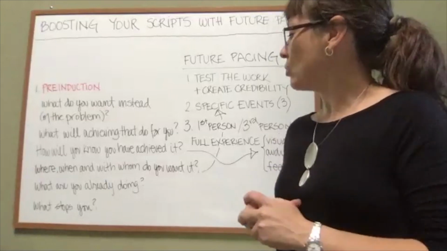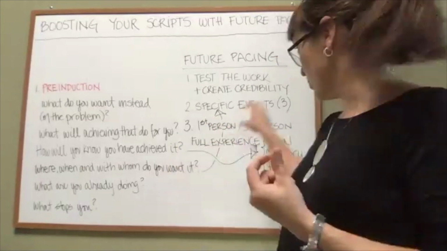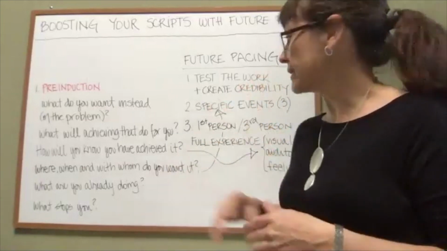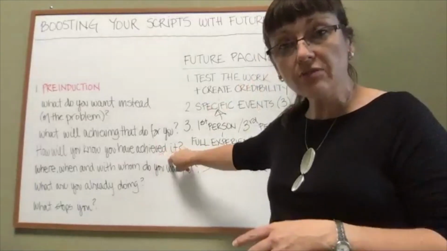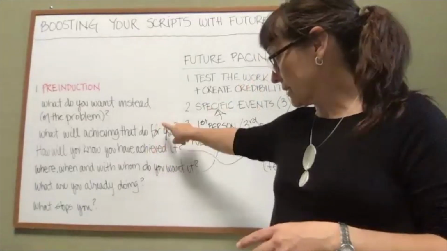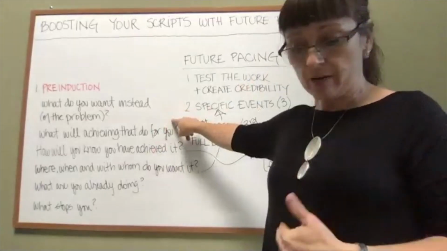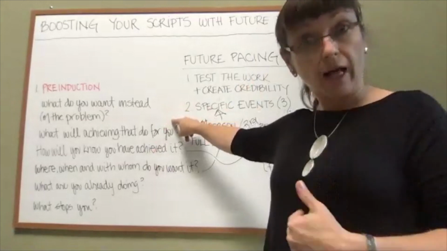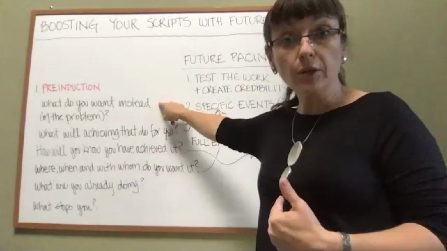Then you can ask, well, we want to start getting some proof, right? Proof that we're going to use with our future pacing. So how will you know that you have achieved that you're no longer like a little girl, instead you're an adult with the same amount of opinions and value of your opinions as others, where you can hear them and you can express yours?